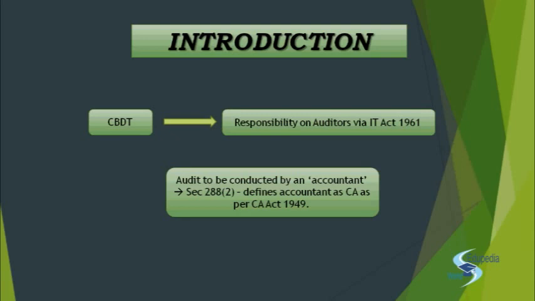So although the definition under section 288 is not very clear on this front, the overall understanding would give you the logic that the chartered accountant should hold a certificate of practice and should not be a part-time practitioner. Clear? So this is the person who can conduct the audit under the fiscal law, right? So far we have understood that it is the requirement of the government. Why does the government require us to get into the audit of these people?